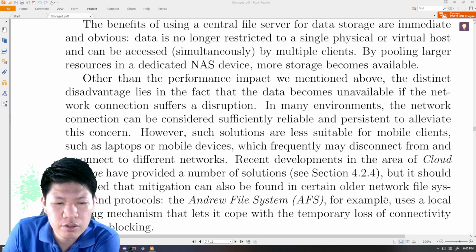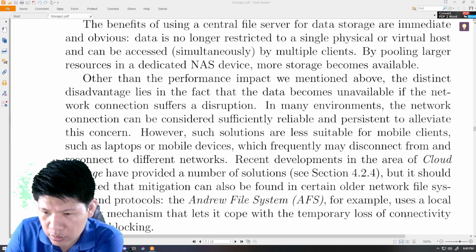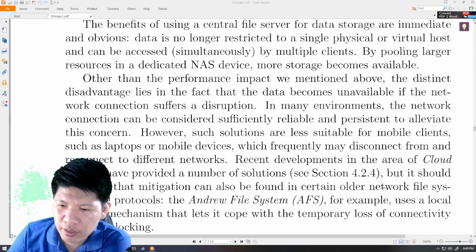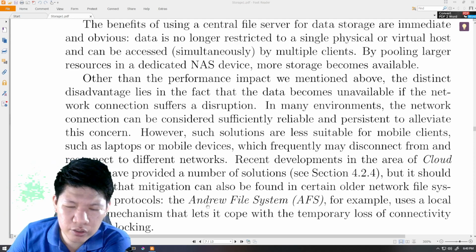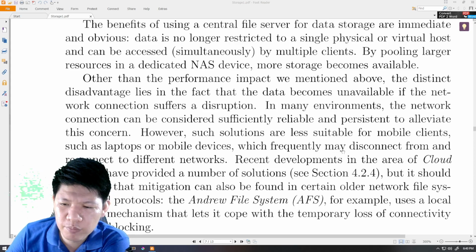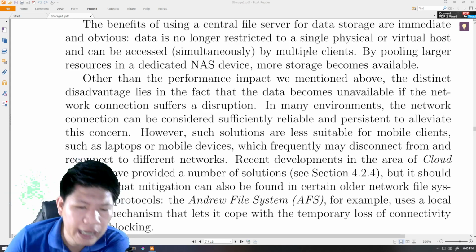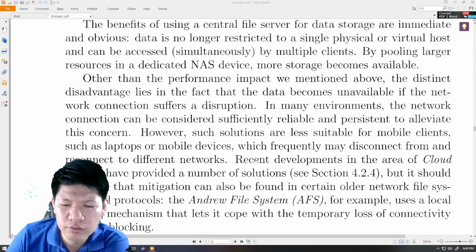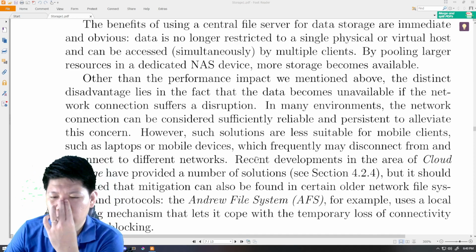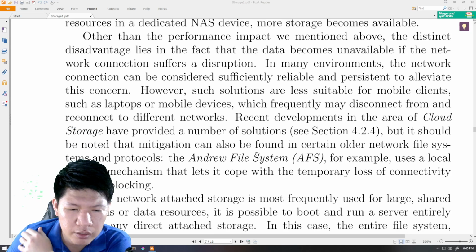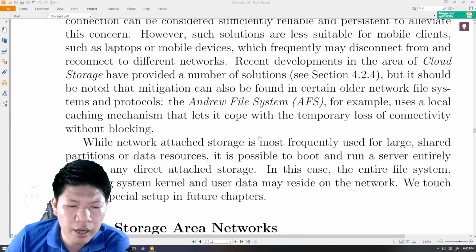But it can also be noted that this migration can be found in certain network file system, NFS, terms and protocols, and the Andrew file system, or AFS, for example, is used locally for a caching mechanism that lets it cope with the temporary loss of connectivity without any form of blocking.